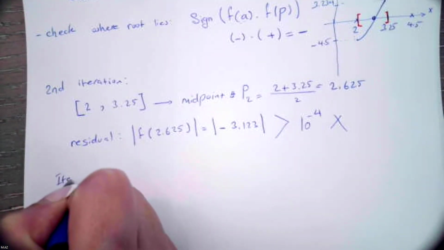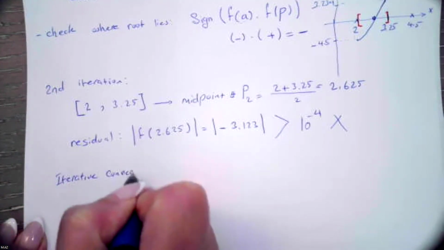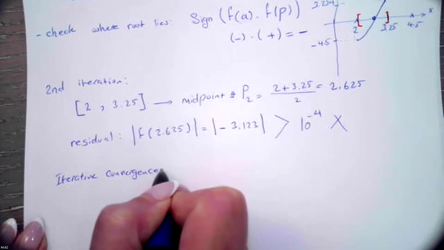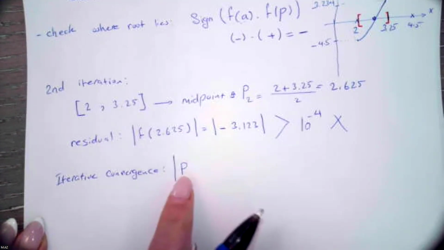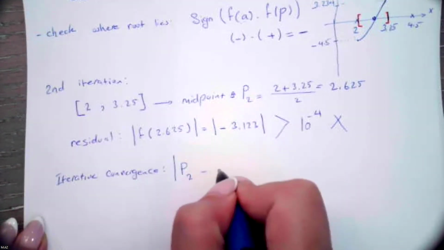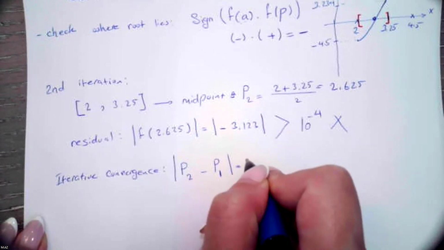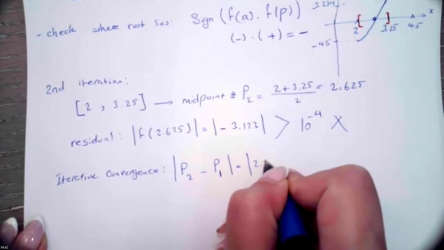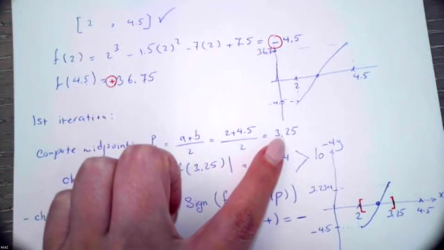Also, we are going to check the iterative convergence. For iterative convergence, we use P2, the midpoint for the second iteration, minus the midpoint for the first iteration. And this is 2.625 minus, and the midpoint for the first iteration is 3.25.